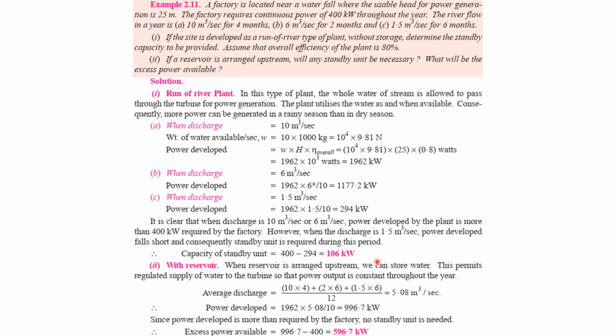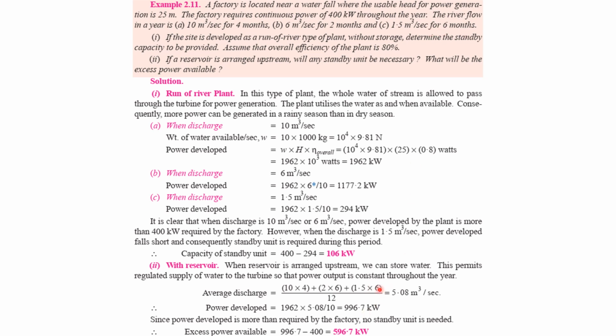So now an average discharge will be available throughout the year because of the storage which has been created. So how much average discharge is available throughout the year? You have to multiply the discharge which is available by the number of months. So let's say you have 10 meter cube for 4 months, so you have 10 into 4 over here, plus you add 6 meter cube for 2 months, so you add 6 into 2 here, and then you have 1.5 meter cube per second available for 6 months, so 1.5 into 6 here.